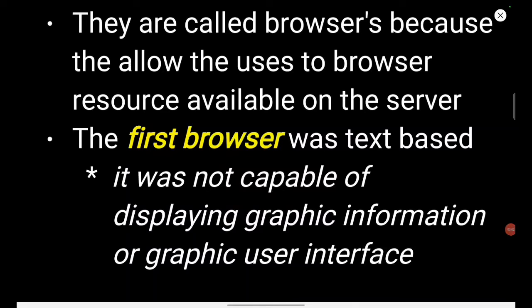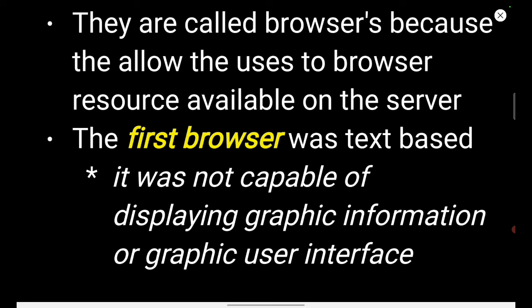Later, another browser was released which was capable of displaying graphical information, so even a normal person could use it. When information is displayed in a creative, neat manner, even a normal person can read it.